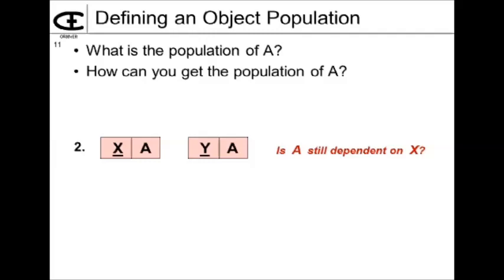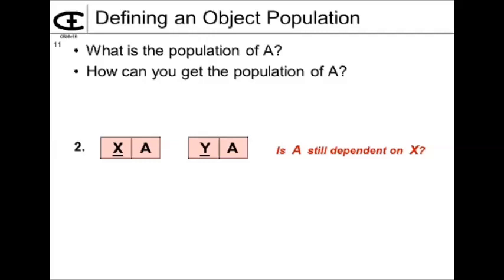The answer is no. Because I could have some A's with the Y that aren't within X, unless I define dependency between those two. And notice I can't do that here. So already we've got some limitations in how we can express dependency constraints across tables.